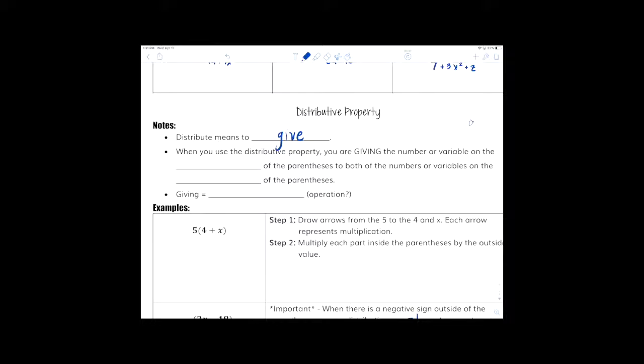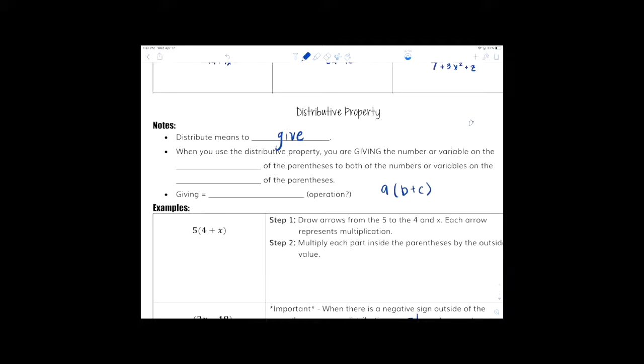Okay? So I'm going to write this an algebraic expression right here. So when you're using the distributive property, you are distributing or giving the number or variable. So in this case, I would be giving the a.